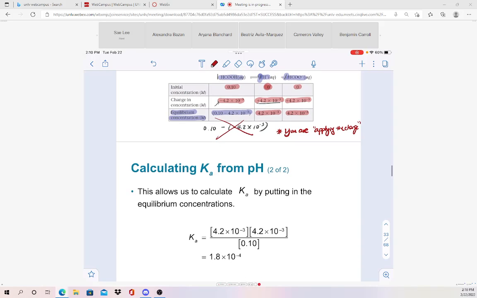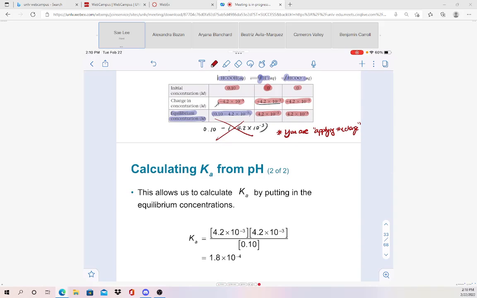Okay, so the equilibrium constant is going to be this. You just have to plug in all the numbers. Proton concentration is 4.2 times 10 to the negative 3.